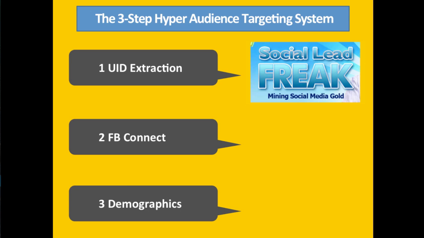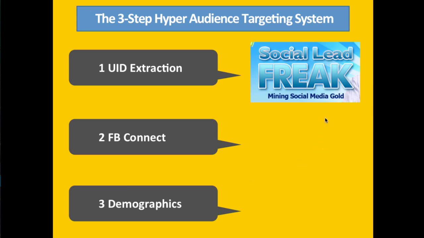Now at this point, let me just say that tons of people have had great success simply using these UIDs as is from step 1, building custom audiences in Facebook and then targeting them with Facebook ads. Now there really is no need to go to step 2 and 3 to achieve success. And I say this because some people might try to persuade you that you have to go to layer 2 and 3 before you can really start targeting your audience.